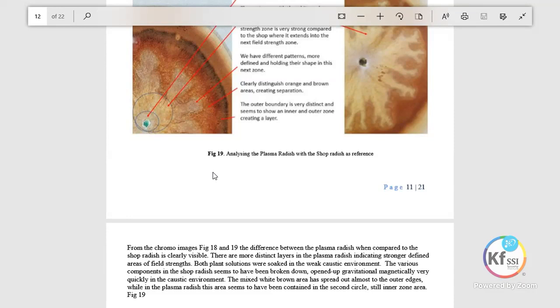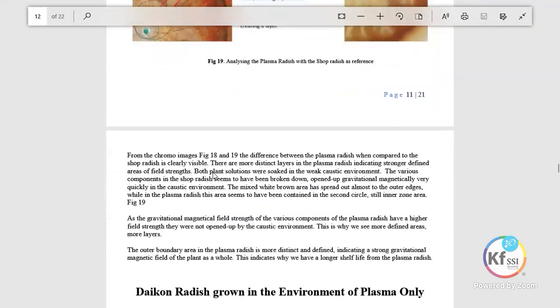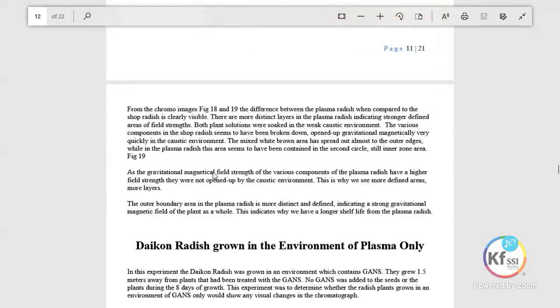And by doing that, we're seeing more and more different layers. And that outer boundary on the plasma radish is really, really distinct and defined, to me indicating a very strong gravitational magnetic field of the plant as a whole, and may give an indication as well as to our longer shelf life. So that was the radish with the GANS against the shop radish.